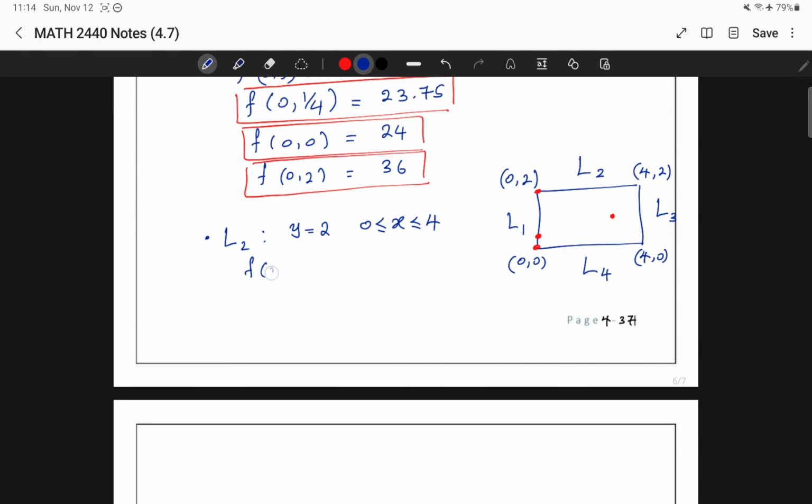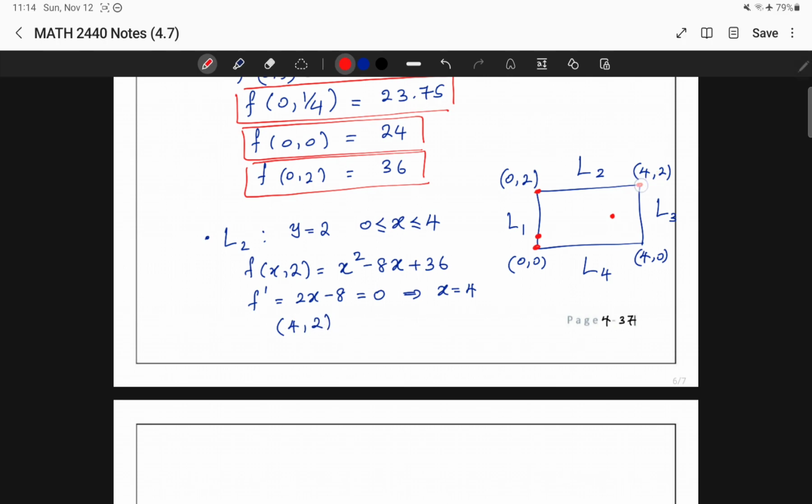So f(x, 2) is, you plug in and simplify, you should get x squared minus 8x plus 36. Now find its derivative, 2x minus 8, make it equal to 0, you get x equals 4. Therefore, the critical point here is (4, 2).